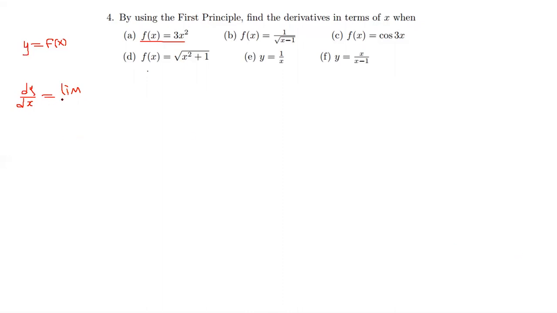You find the limit of that given function when h is approaching 0. You first find f of h plus x, and then you subtract that same given function f of x.